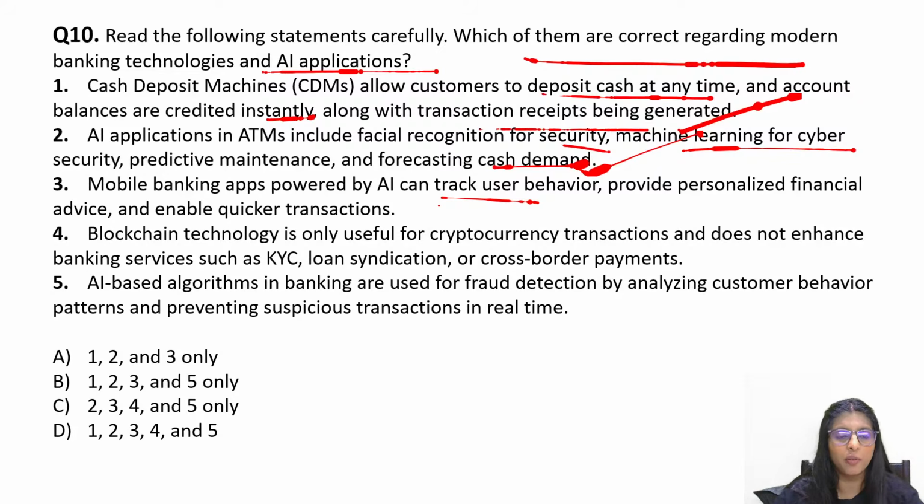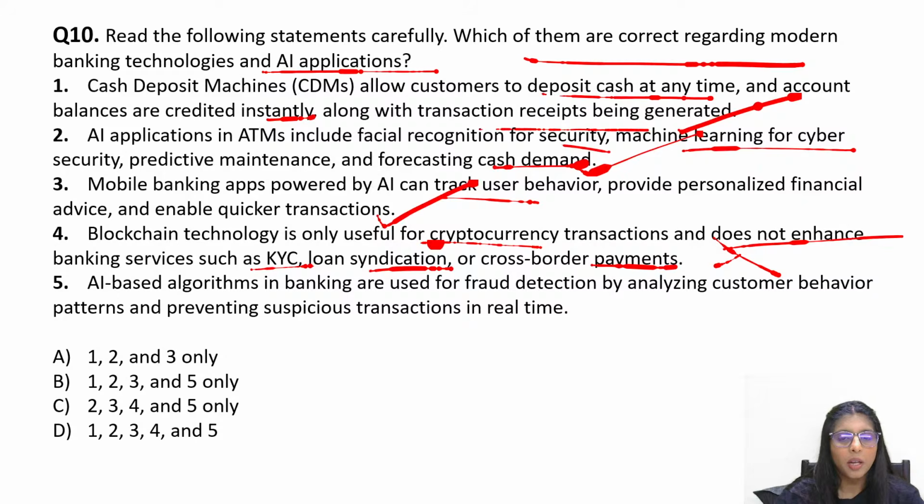Blockchain technology is only useful for cryptocurrency transactions and does not enhance banking services such as KYC, loan authentication, and cross-border payment. It's incorrect. Blockchain is not limited to cryptocurrencies. It is applied to KYC, loan syndication, cross-border payment, interbank transactions, fraud prevention.